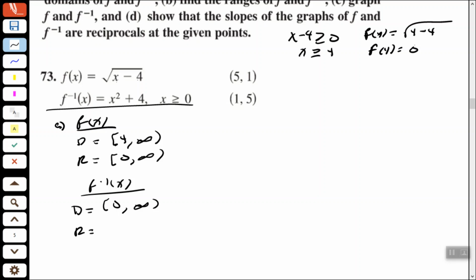And we should have been using brackets there, because we are including 4.